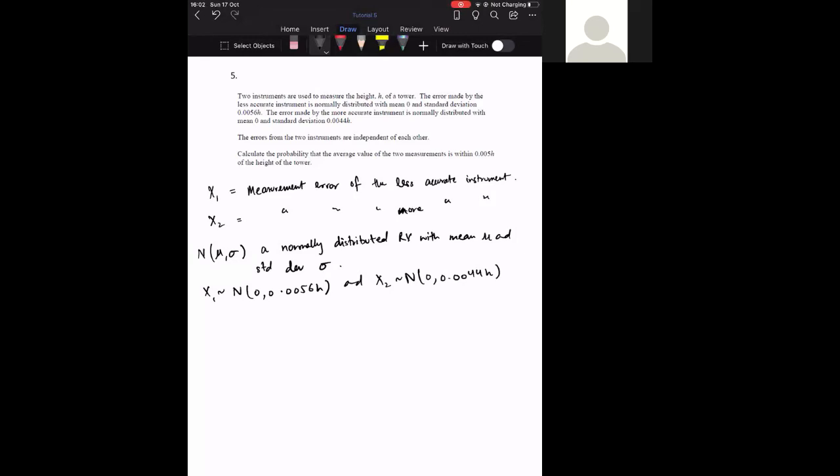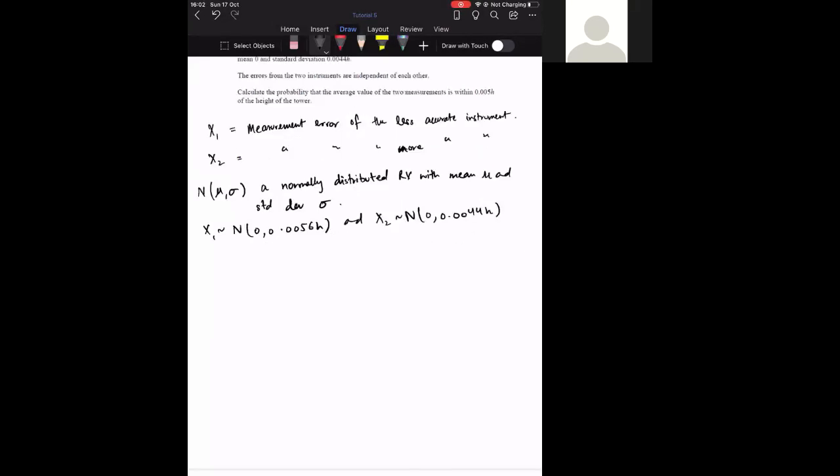Let's see what the average value looks like. That y, we want the average of the two random variables, right? We have two random variables. Let's sum them up. We want the average, divide them by 2. This just implies that the expected value of y, we know x1 and x2's expected values are 0. That would just also equal 0.